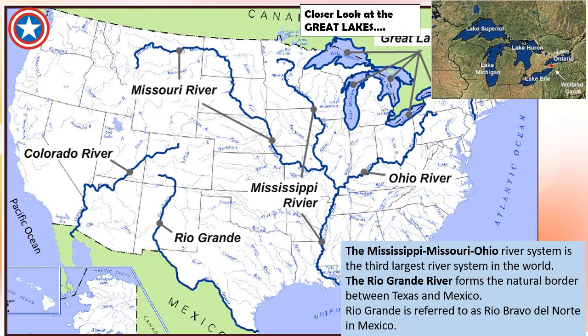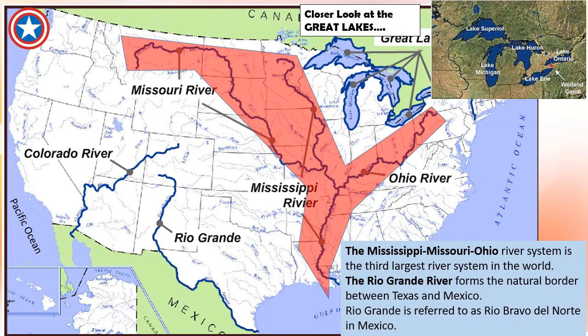There are 2 major oceans in the United States, the Pacific Ocean at the west and the Atlantic Ocean to the east. And there's also another large body of water in the Gulf of Mexico in the southeastern United States and northeastern Mexico. The Mississippi-Missouri River System and Ohio River System is the 3rd largest river system in the world.